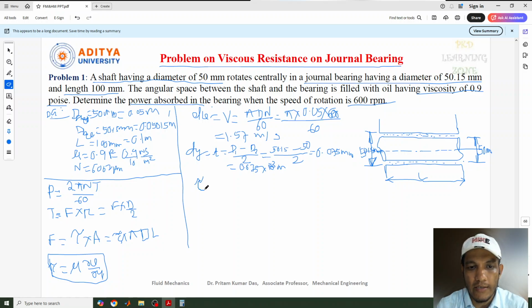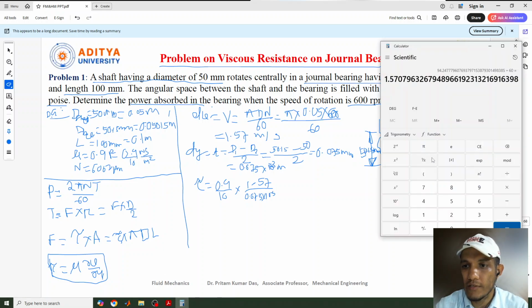So tau equals 0.9 divided by 10 into du, which is 1.57, divided by dy, which is 0.075 into 10 to the power minus 3.